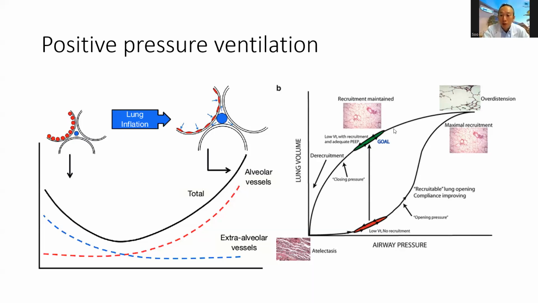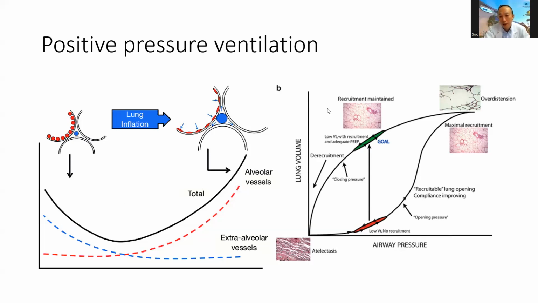So the best is to be able to ventilate within this ascending limb, this part of the limb, whereby we have kept the lungs open to a good position and keep ventilating at this position. Hence, you don't have de-recruitment of the lung and don't have hyperinflation of the lungs.